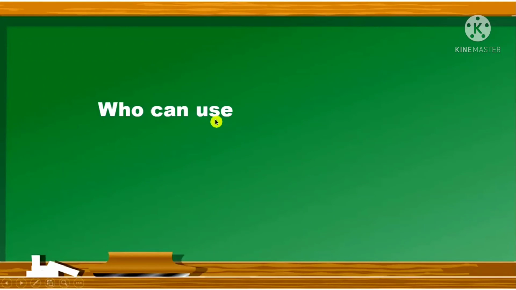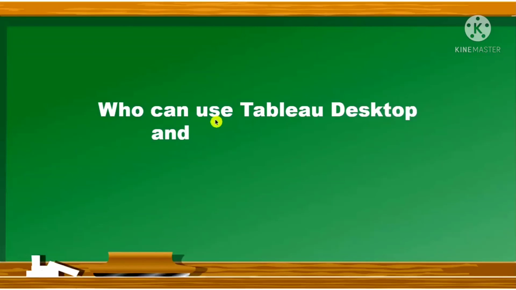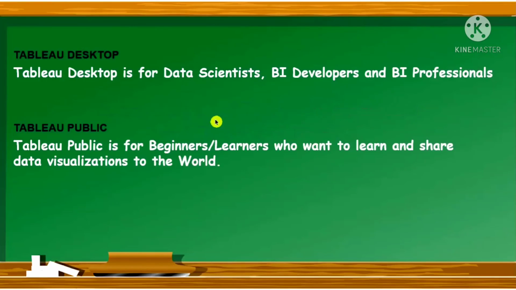Now next, who can use Tableau Desktop and Tableau Public? Desktop is for someone planning a career in business intelligence and data warehousing, such as data scientists, data analysts, BI developers, and BI professionals. Suppose you want to become a data scientist, or you're working as a data scientist, or as a BI developer, or as a BI professional, then you can go for Tableau Desktop because you will be working with huge data and there are no restrictions to work on data.